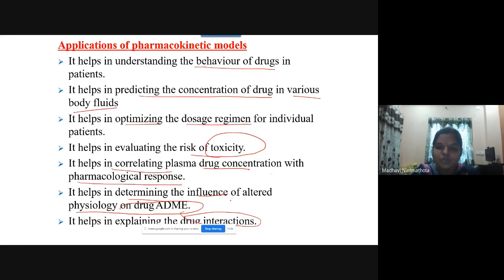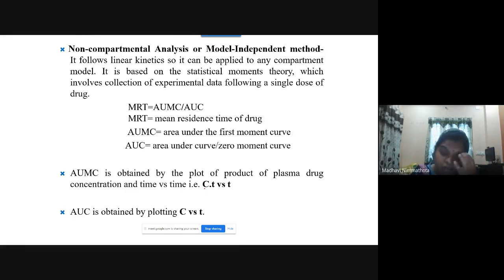It is also useful to calculate the influence of physiology on drug ADME, and to detect drug interactions also. So these are the number of applications of pharmacokinetic models.